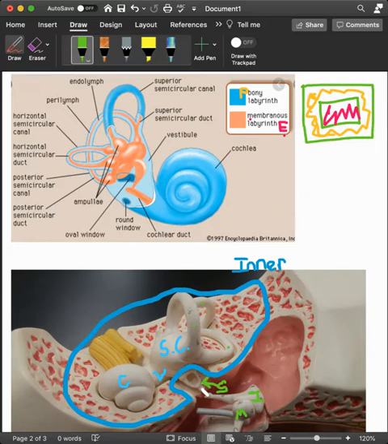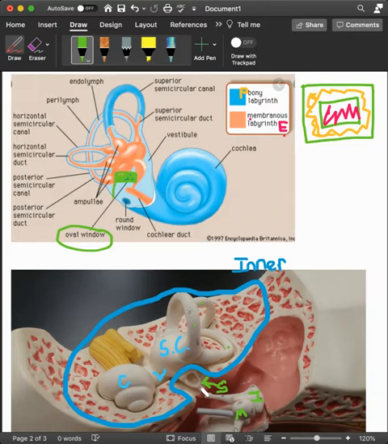So the oval window is why it looks like the stapes is kind of in the inner ear. The oval window is in the vestibule, but the stapes covers it completely.